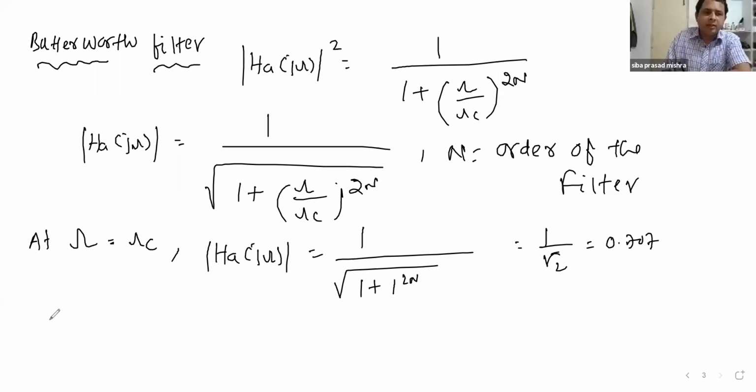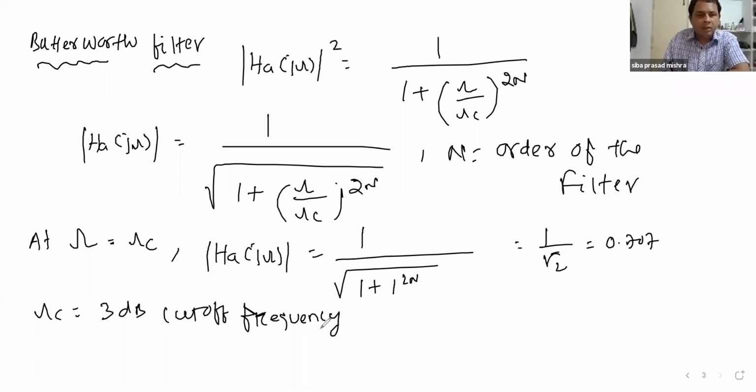Means the frequency at which magnitude equals 1 by root 2 is known as the 3 dB frequency. So we can say that omega c is the 3 dB cutoff frequency for Butterworth filter, irrespective of the order.